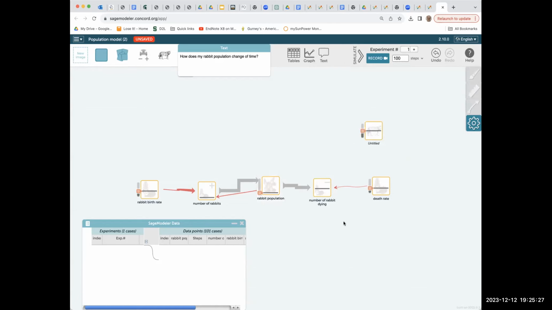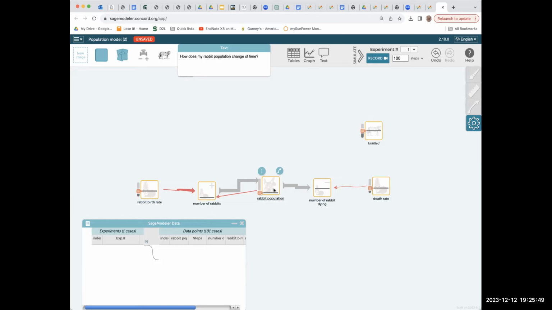And now if I run my model, and look at my model, I basically show that my birth rate affects the number of rabbits I have at any given time, but that flows to create a population over time, right? So the population we should see decreasing.